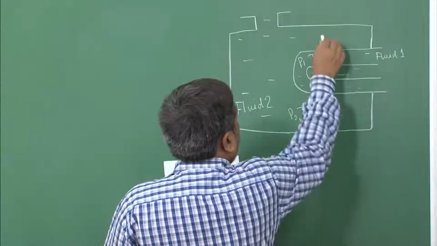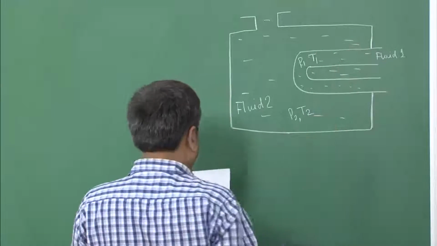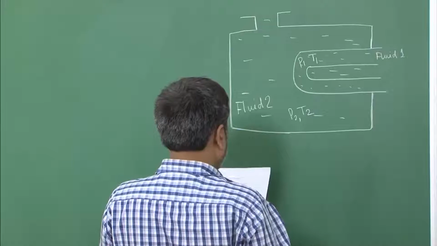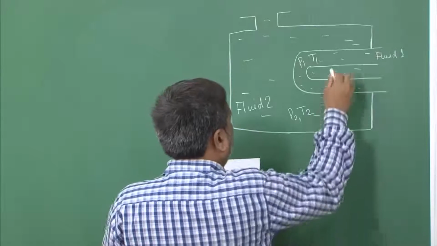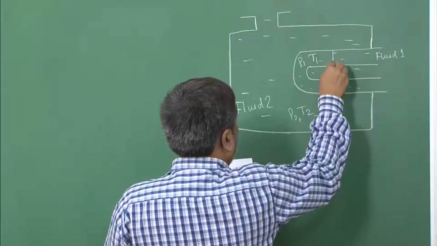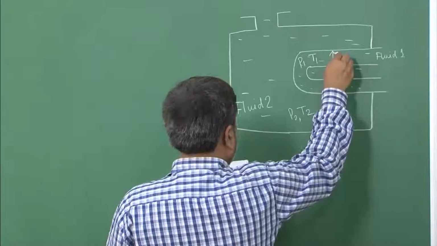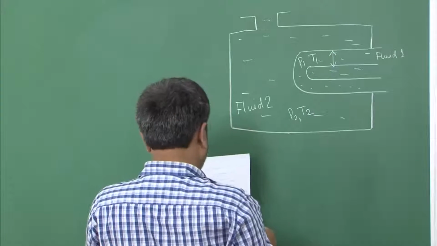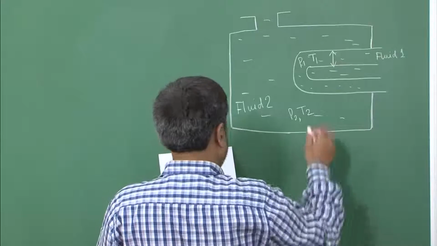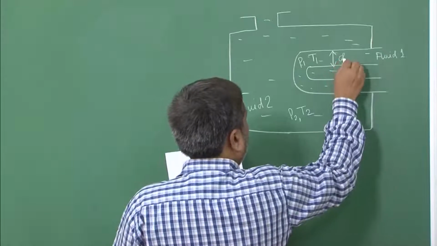The same fluid 2 is all around, and the tube has a uniform diameter all around.